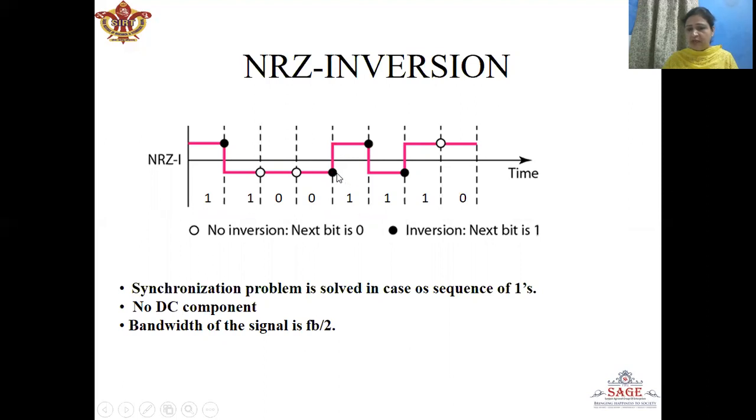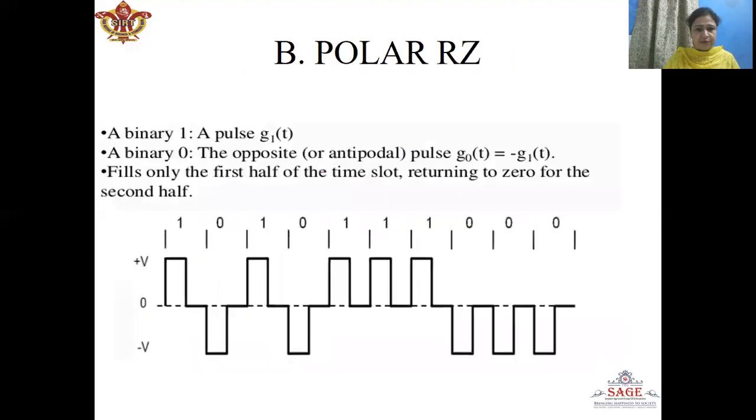Now coming to 1, there will be inversion. Now again the next bit is 1, there will be again inversion. So the inversion occurs whenever the next bit is 1. So here the synchronization problem is solved in case of a long sequence of ones, because inversion occurs whenever there is a sequence of 1. It has no DC component because it has both polarities, positive and negative. The bandwidth of the signal is Fb by 2.